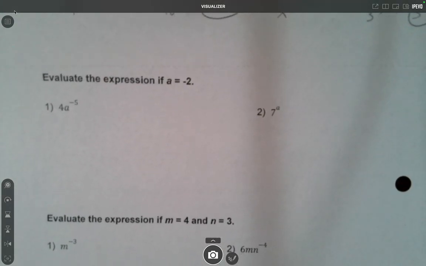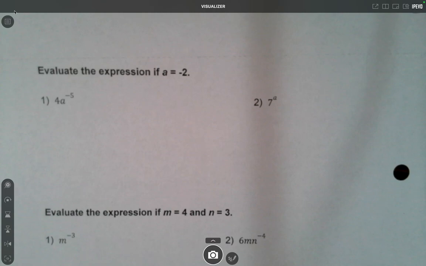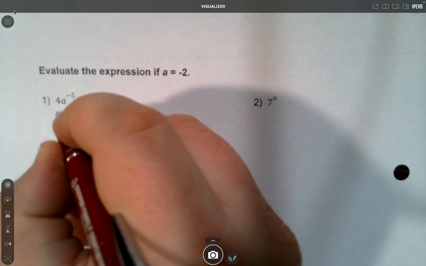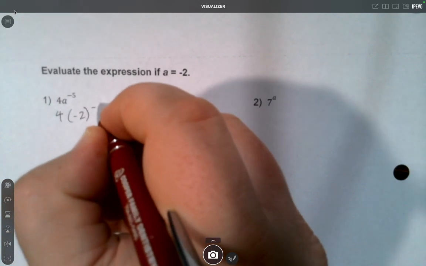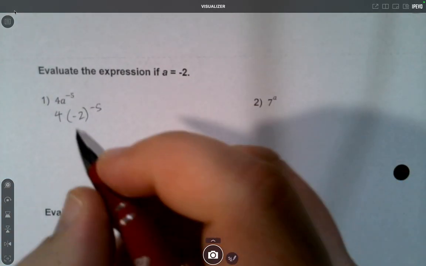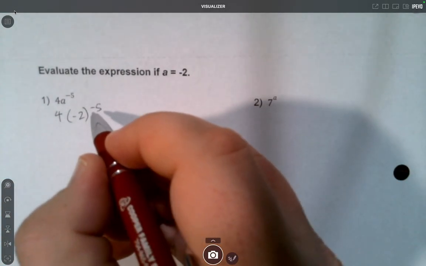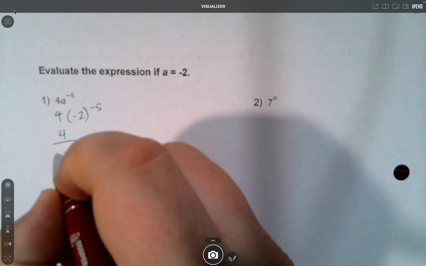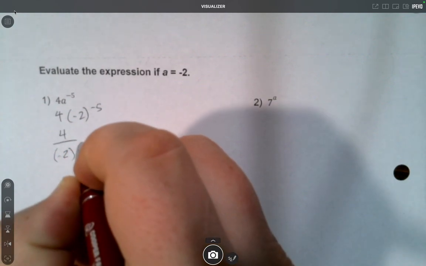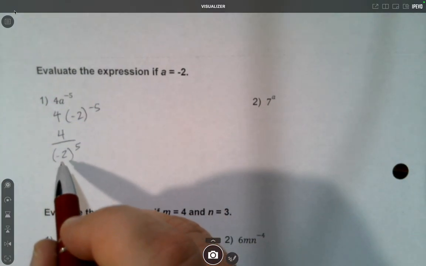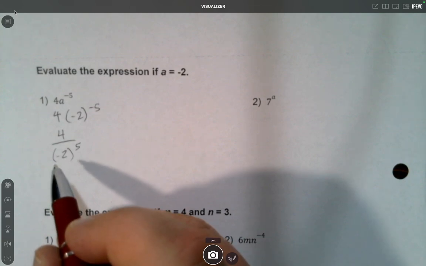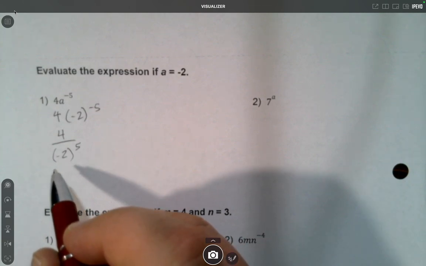Okay, evaluate the expression if a equals negative 2. So we do 4 times negative 2 to the negative fifth power. So we remember that we can rewrite this exponent as a positive exponent if we move it to the bottom. So this really means negative 2 times negative 2 times negative 2 times negative 2 times negative 2.